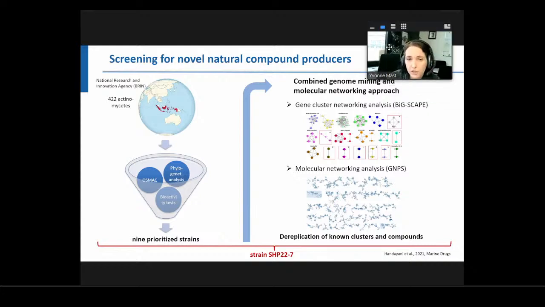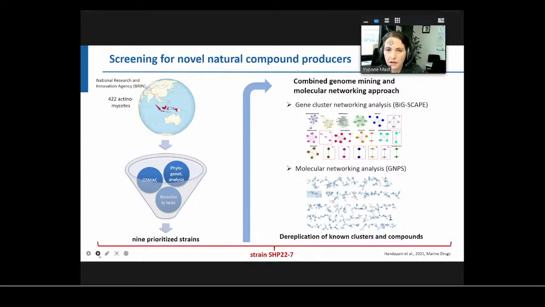Back then, the Indonesian colleagues isolated up to 422 actinomycetes from Indonesian habitats. A subset of strains was handed over to our labs at the University of Tübingen, and we prioritized the strains for the most phylogenetically unique ones. We grew them in several different cultivation media and subjected them to bioactivity tests to prioritize the ones with the best bioactivity.